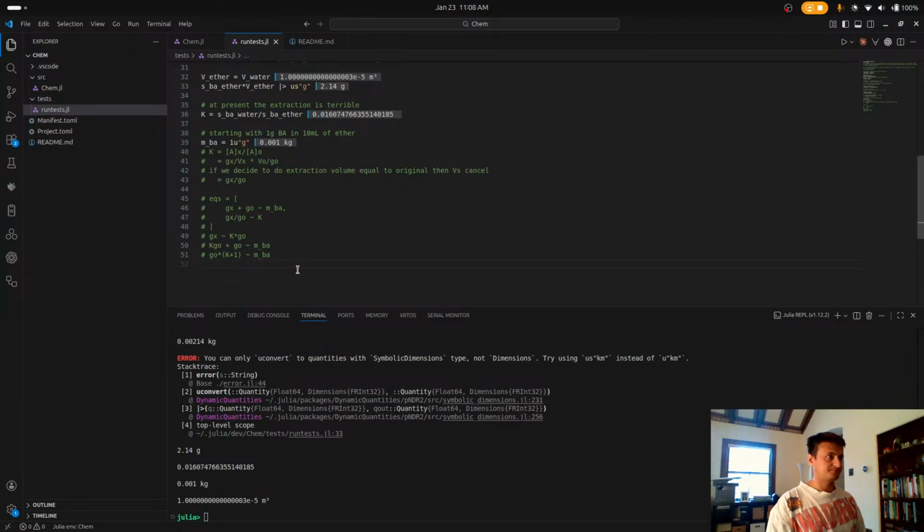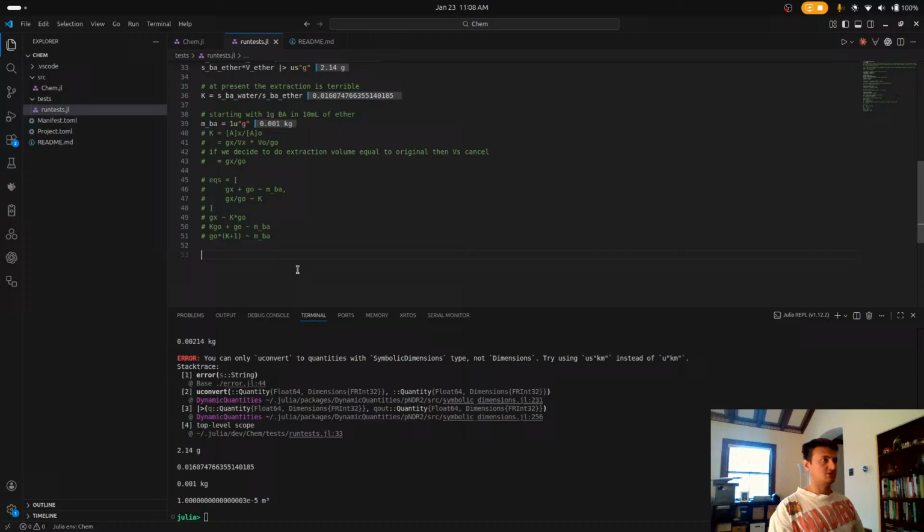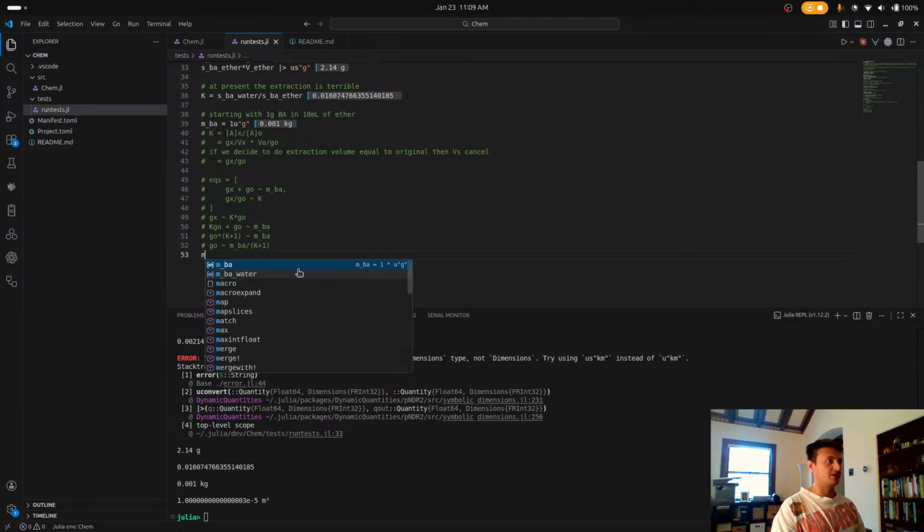We should be able to reduce it to, this is always going to be the case. So we should always be able to do GO, give me my M_BA over K plus 1. So we have K, we have M_BA. So M_BA divided by K plus 1.